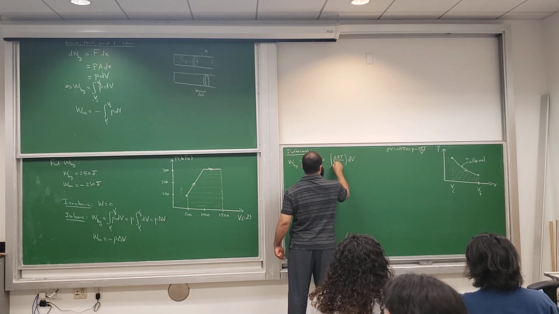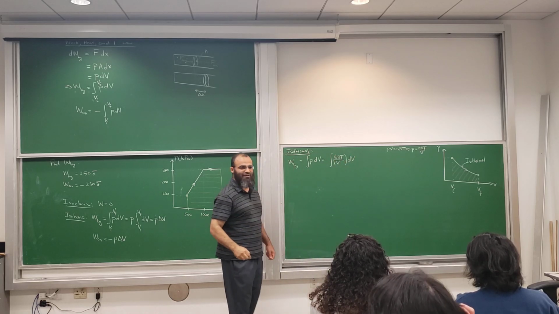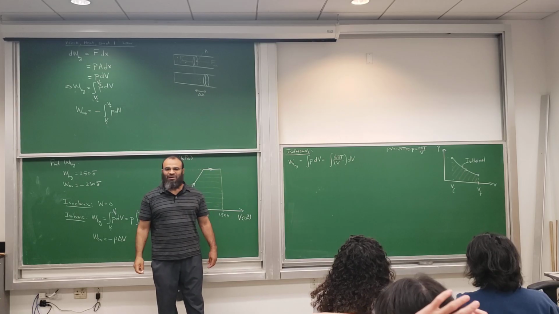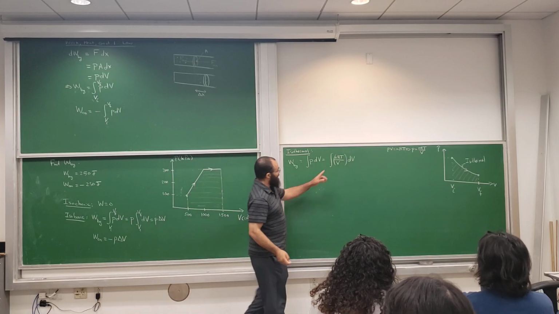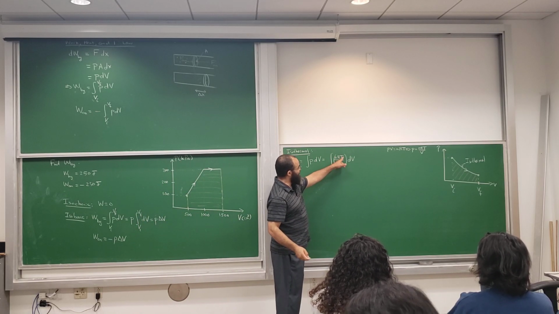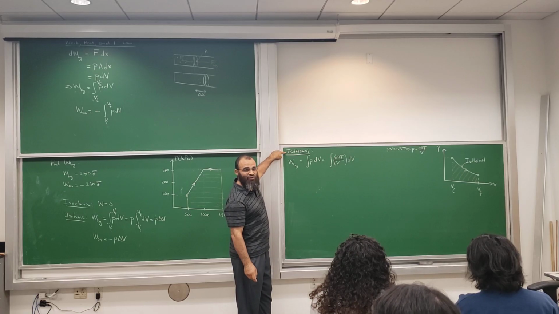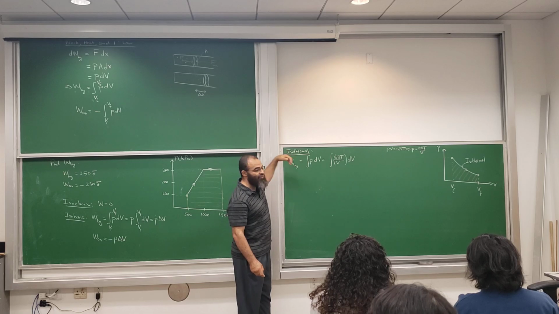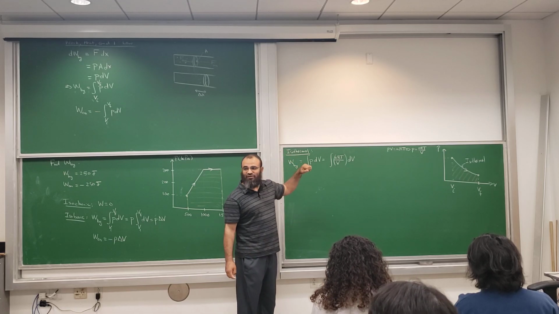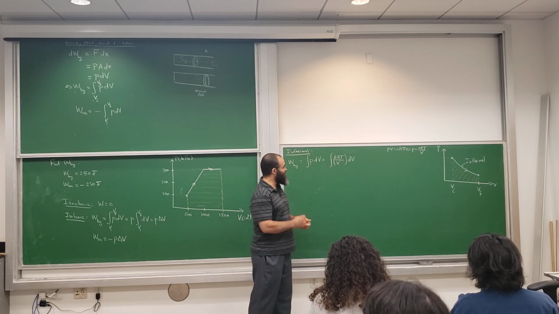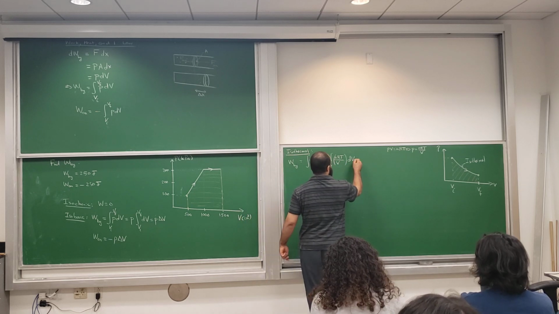Seems like I made it worse because I have more symbols now. Yeah. So notice, n is constant, R is constant, and T is constant because it's isothermal. So you can pull those out of the integral. That's the advantage.